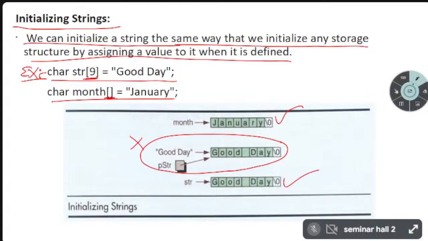That's why a variable can be modified, whereas a constant cannot be modified. If I want to store "good day", for example, 4 plus 3 is 7, and the space is 8, for the null character 9, total 9 spaces required.